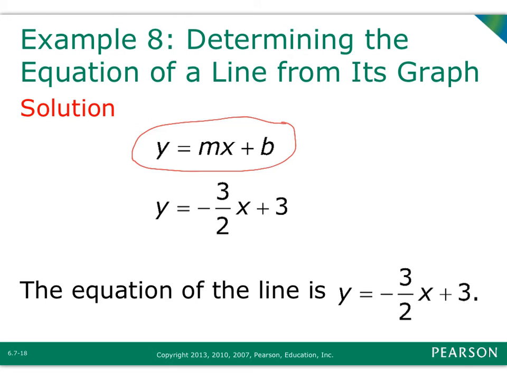We just plug in the results of looking at the coordinate system, and we see that the slope was a negative 3/2, so we use that: negative 3/2 x plus 3. So that's our equation. Our equation is y is equal to negative 3/2 x plus 3.